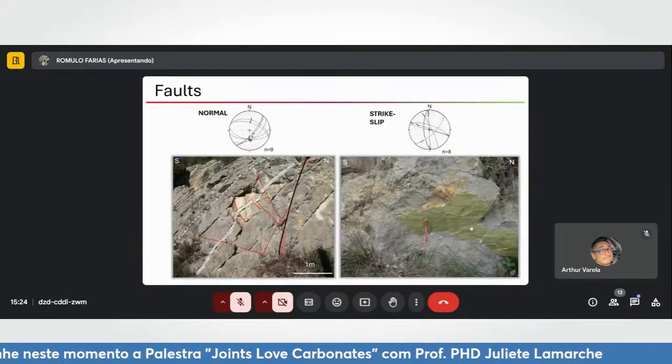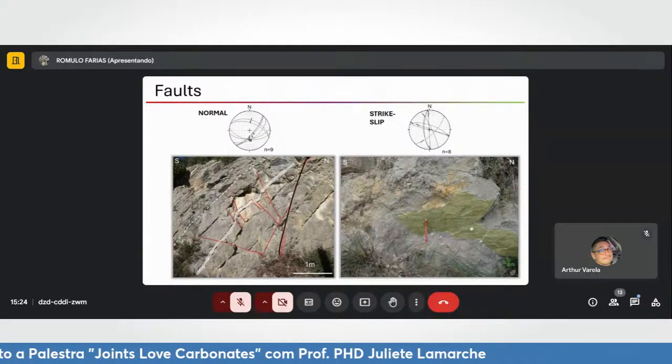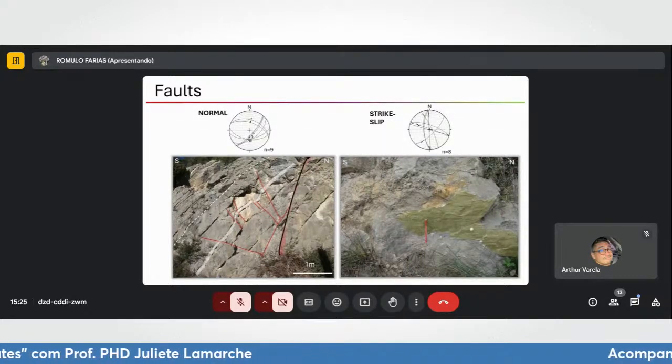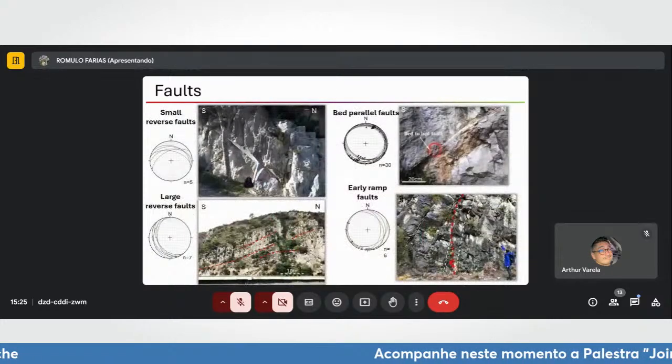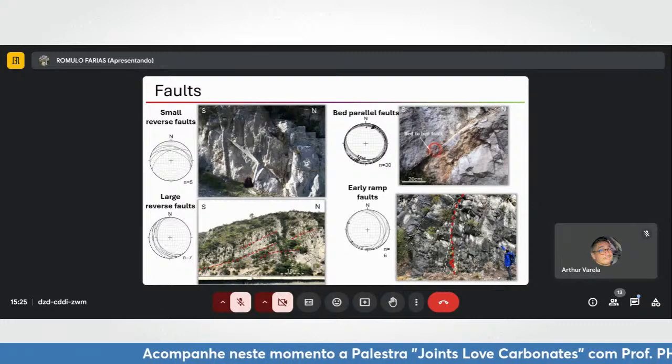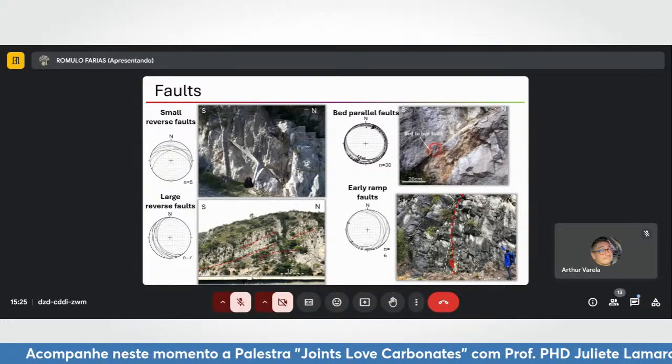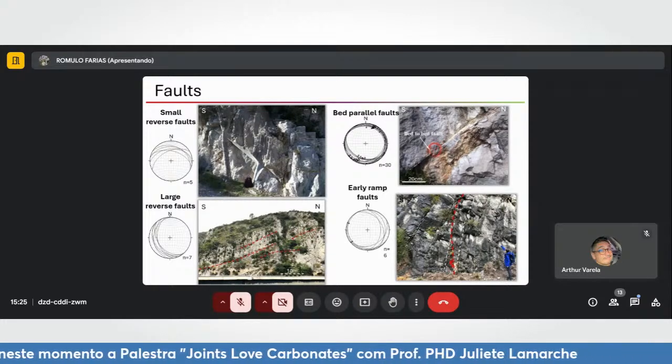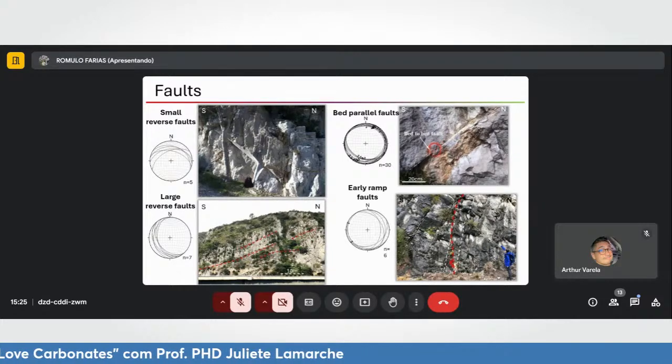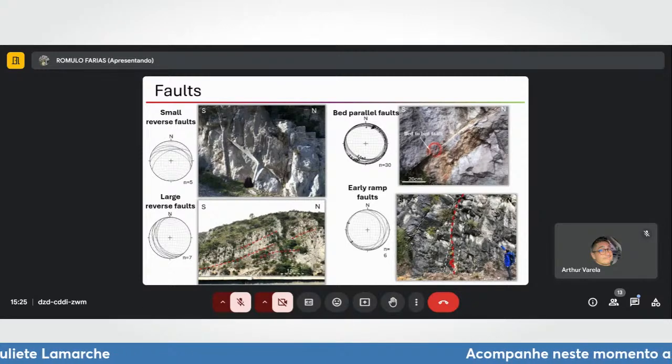In the faults, we could decipher some rare normal faults in sedimentary, strike slip faults, small reverse faults like here, huge reverse faults like here in the north limb, bed parallel reverse faults due to bed parallel slip, and also very early ramps which are tilted together with the bedding.